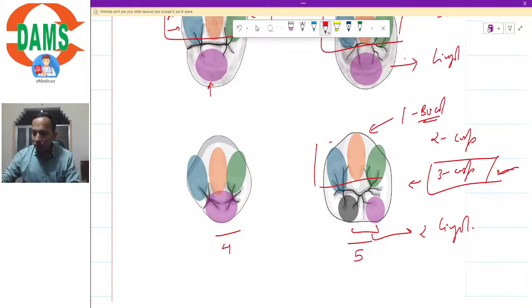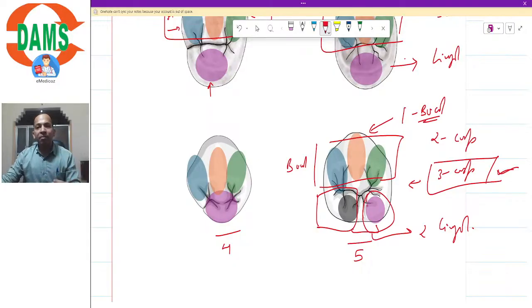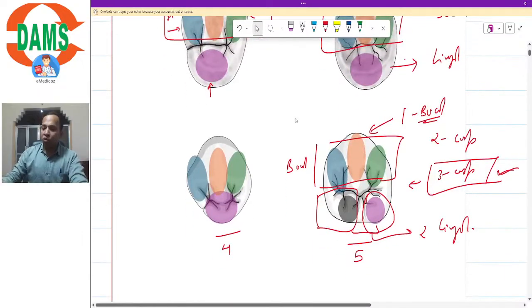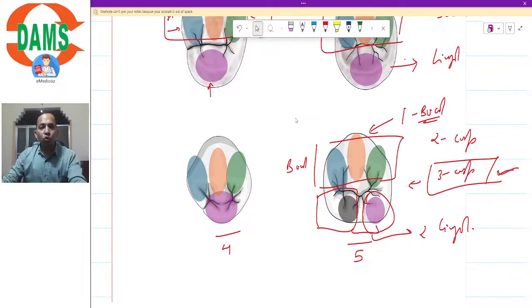Same as other premolars, 3 lobes will make the buccal surface, and the lingual cusps are individually made up of single lobes, right? So there are 2 lingual cusps, mesiolingual and distolingual, both made up of single lobes. So this was about the lobes. Apart from the 3 cusp type mandibular second premolar, all the premolars are made up of 4 lobes, right?